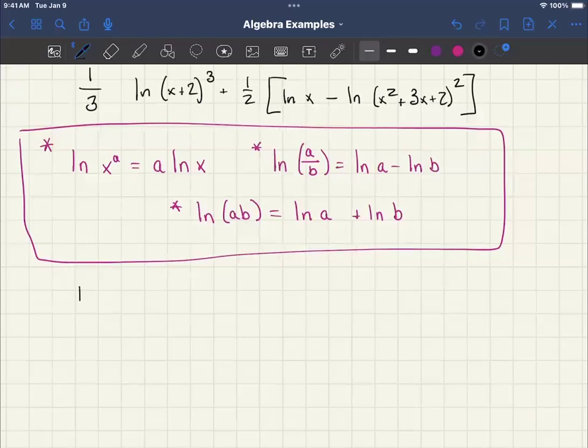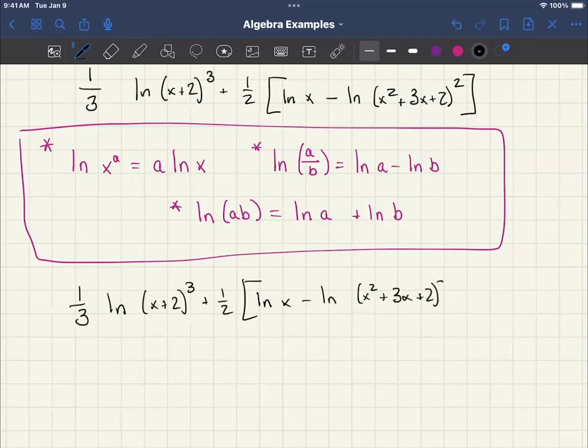We have 1/3 natural log of (x plus 2) to the third power plus 1/2 natural log of x minus natural log of (x squared plus 3x plus 2) quantity squared, square bracket. Whew, that is a lot. All right, let's dig into it.